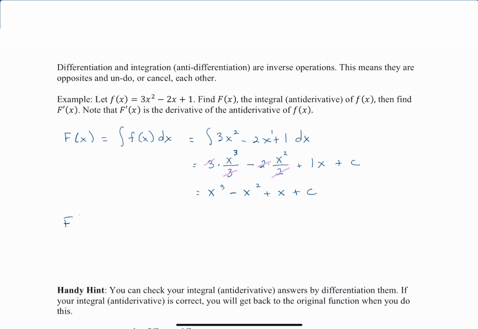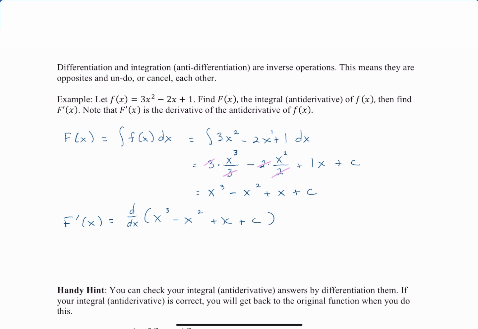Next, we're asked to take that answer and differentiate it. So I'm differentiating my integral. We don't have to write this, but I'm going to write it just to emphasize what we're doing. So we're doing d dx of x cubed minus x squared plus x plus c.